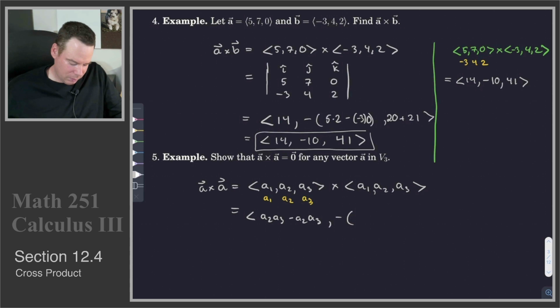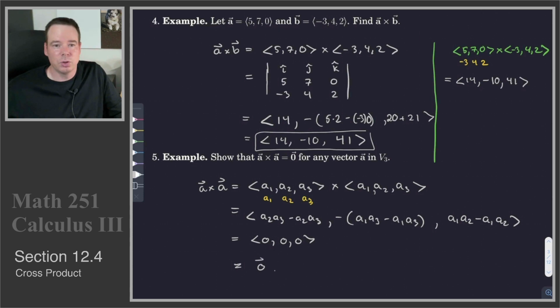Well, it's going to be negative of, and I cross out the A2's, and I get A1 times A3 minus A1 times A3. And the last component would be A1 times A2 minus A1 times A2. And so each of those components is 0, and therefore we get the 0 vector. So a vector crossed with itself is going to be 0.